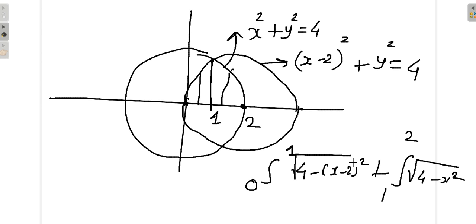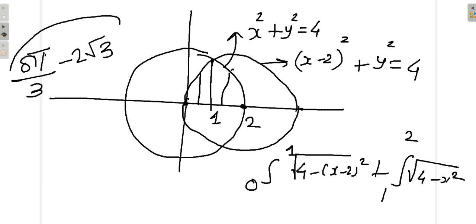Please integrate this and I will tell you the answer. The answer is 8 pi by 3 minus 2 root. Please check this because we have done it in the previous sum, so you can check it out.